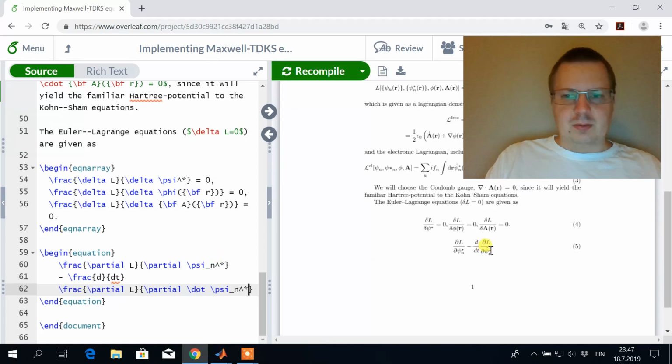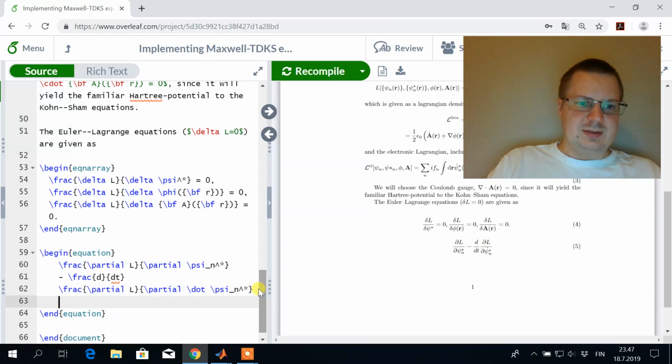The equation, oh, now it just magically vanished.